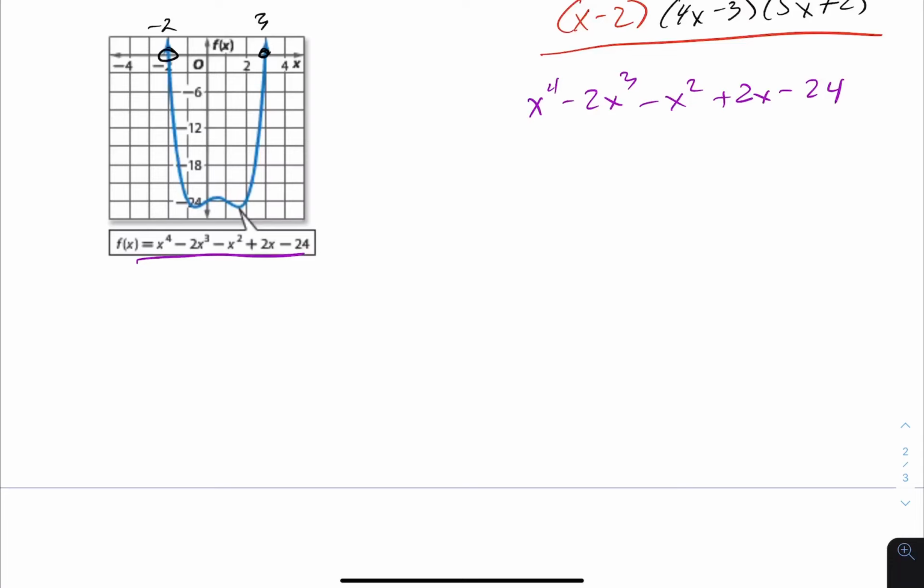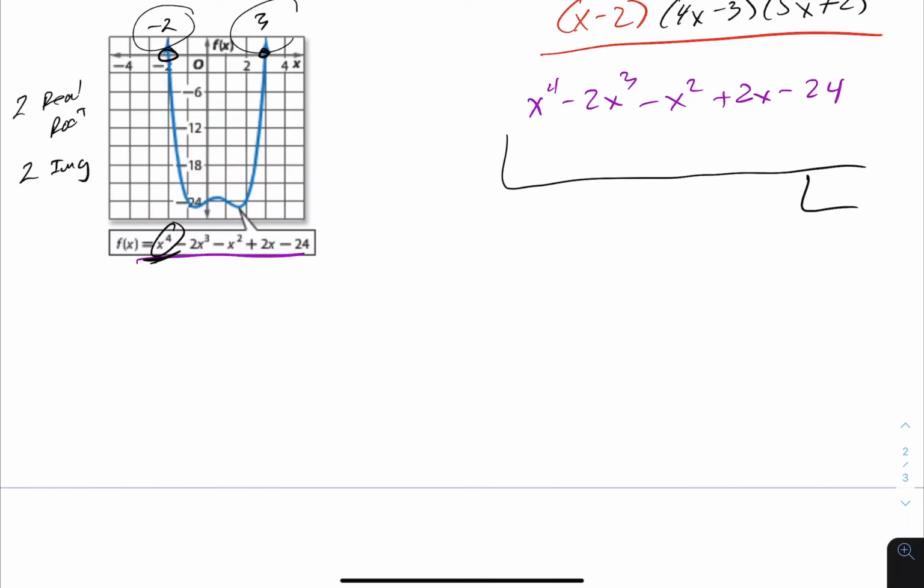That means there's only two real roots. But there's 4 roots in total. So what does that mean? You have 2 imaginary. You always have to add up to the total number of roots, complex roots. Anyway, which one I use first doesn't matter. Your choice. Dealer's choice. I'm going to do 3, I guess.